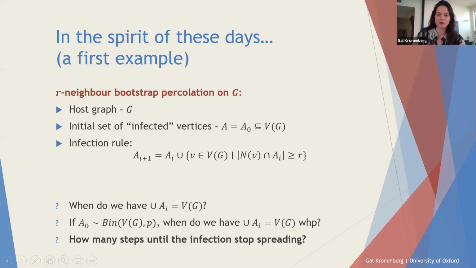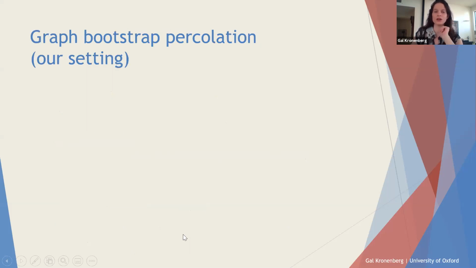So these are the kinds of questions we're interested in, but we want to consider them in a different bootstrap percolation model, called the graph-bootstrap percolation. This time we want to infect edges of a graph instead of vertices. So this is the H-bootstrap percolation on n vertices.